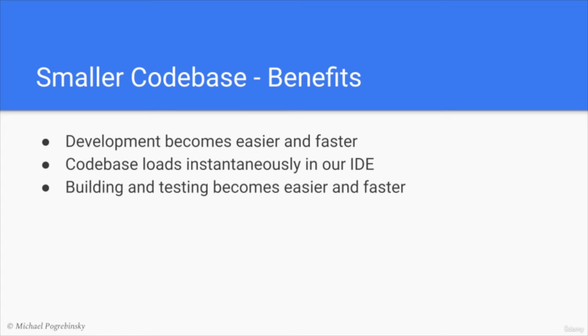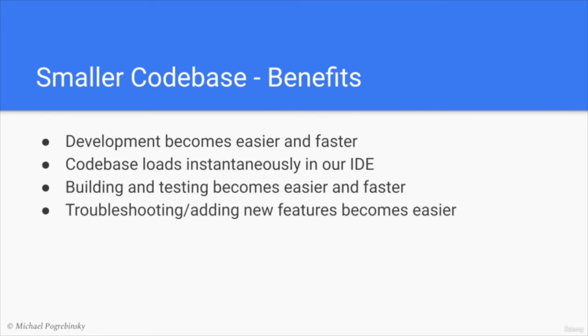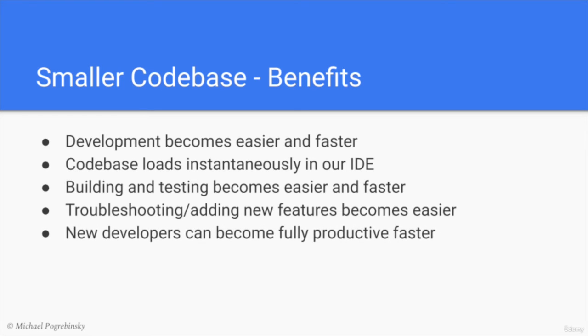Also, building and testing the code becomes much easier and faster, simply because there are far fewer things to build and test. Additionally, troubleshooting or adding new features also becomes much easier, because the code itself is much easier to reason about. And new developers who join the team can become fully productive a lot faster.